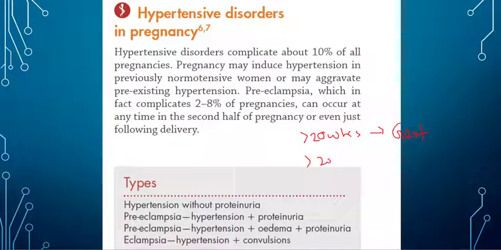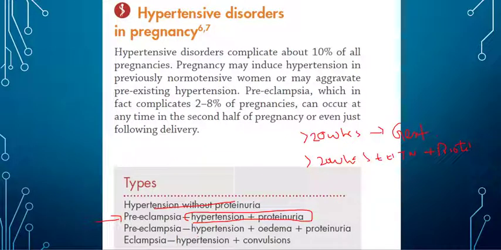Now, more than 20 weeks, patient hypertensive and also losing protein in the urine. So hypertension with proteinuria, that's what we will call preeclampsia. Okay, and sometimes a preeclampsia patient will also develop ankle swelling and some other complications. We will discuss that.